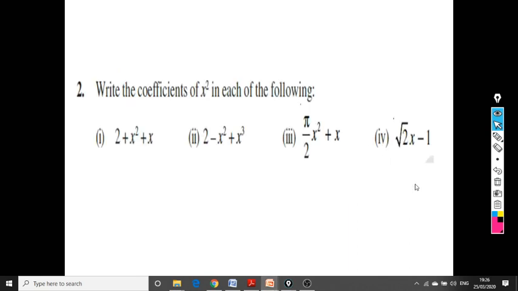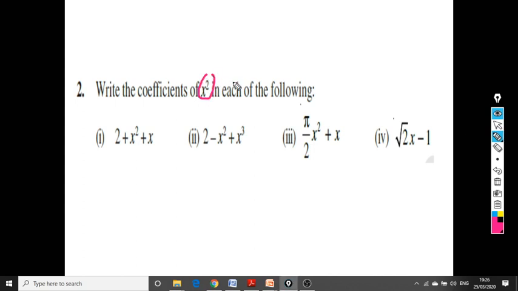Now there is one more question in the NCERT. This is question number 2, where it is asked, write the coefficient of x square in each of the following. As I have discussed earlier, the coefficient of x square means the constant term associated with x square.